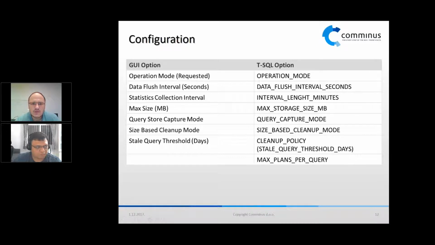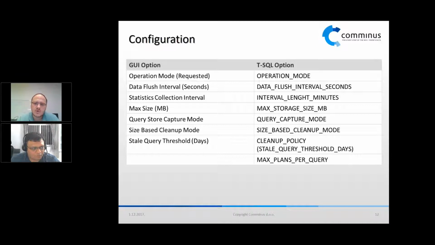So it is very advisable to limit the storage of the query store. And if the query store hits the limit of the storage, it will automatically go to the read-only mode. So that means that no further data is captured in the query store.